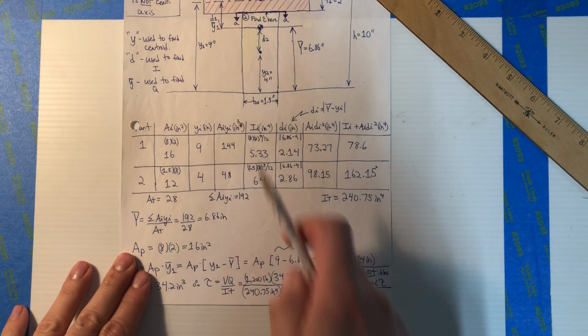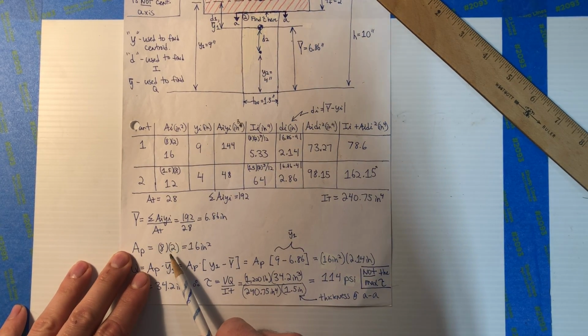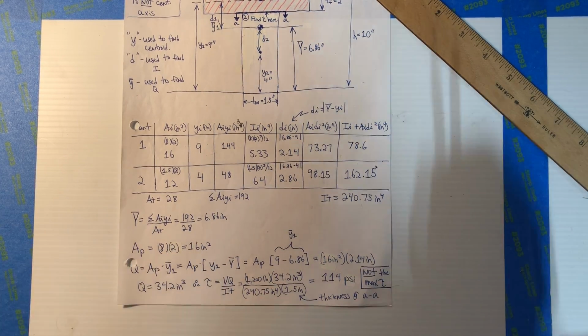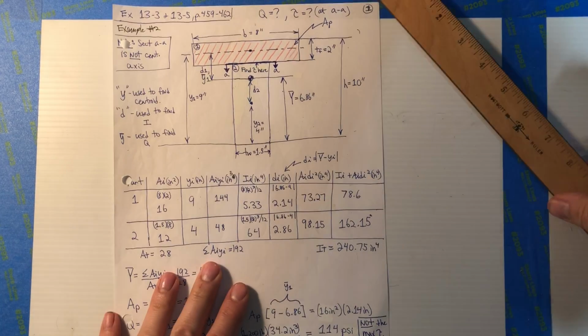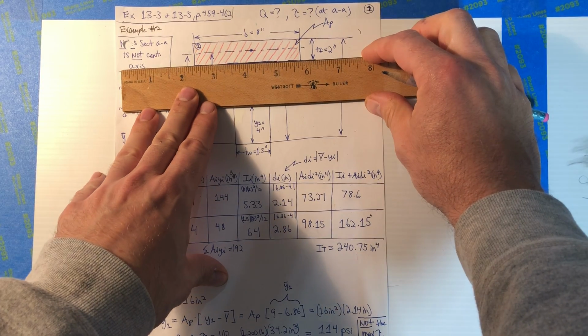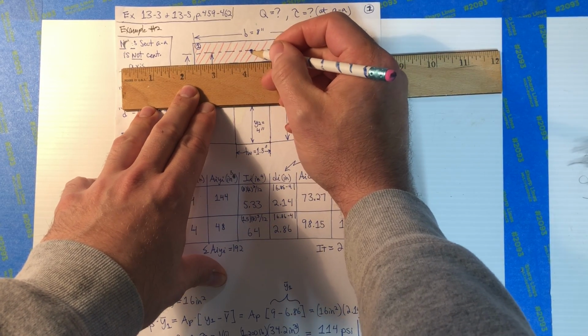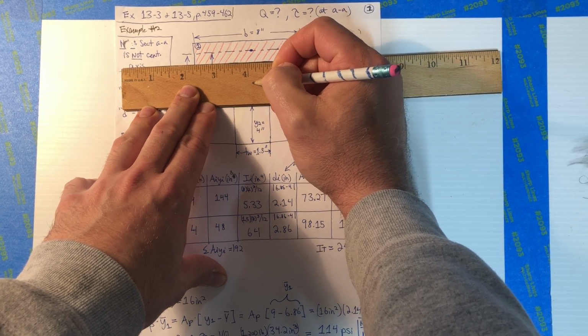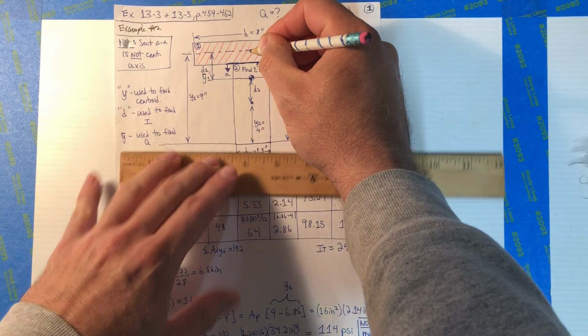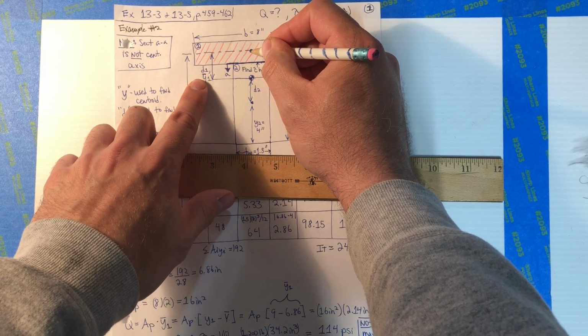So Ap is simply 8 times 2, right? Now, how do we find that Y bar? Well, the Y bar is the centroid of that region, relative to the centroid of the overall composite beam. So that's from here to here, and that's Y bar, right?